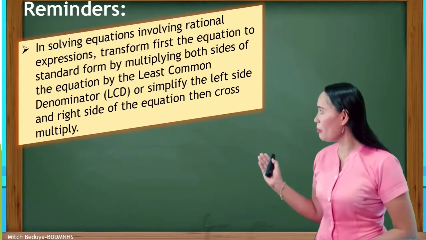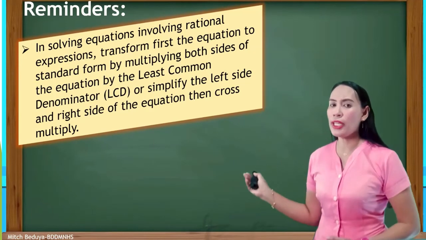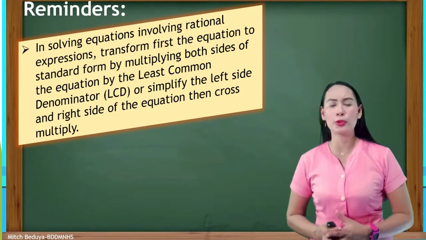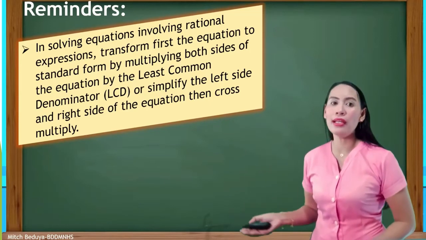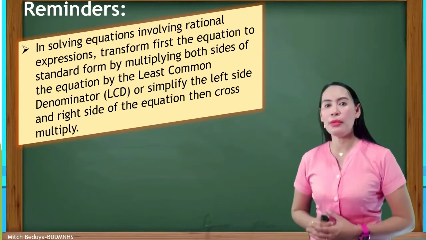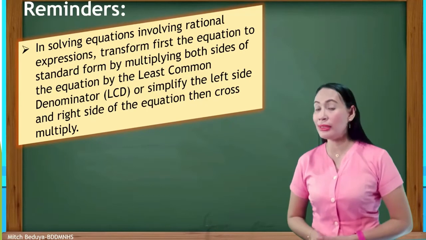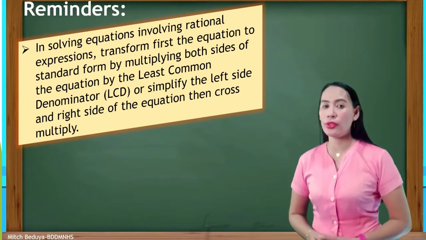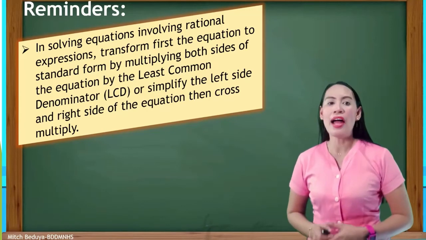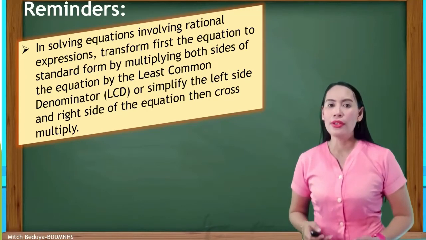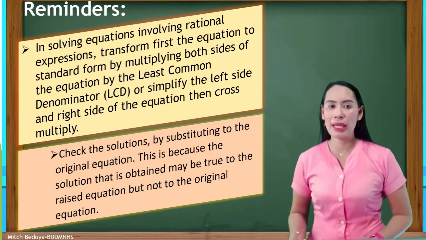Here are some reminders. In solving equation involving rational expressions, transform first the equation to standard form by multiplying both sides of the equation by the least common denominator or LCD, or simplify the left side and right side of the equation, then cross multiply.